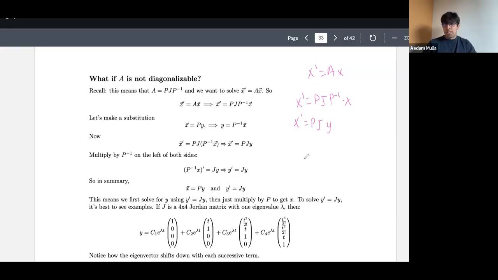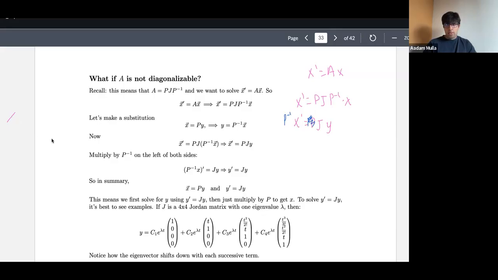So x prime equals PJy. And if we left multiply by P inverse on both sides, these cancel, and we're left with P inverse x prime, which is going to be y prime.